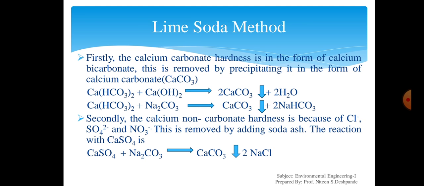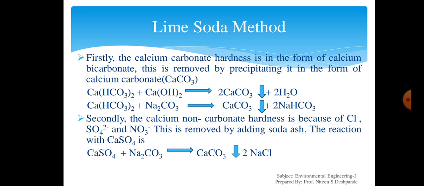Firstly, the carbonate hardness is in the form of calcium bicarbonate. This is removed by precipitating it in the form of calcium carbonate, that is CaCO3. In the lime soda method there are 4 steps.